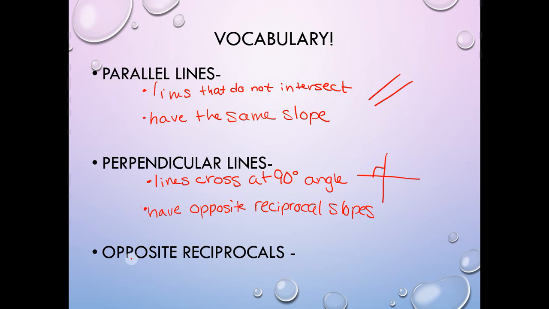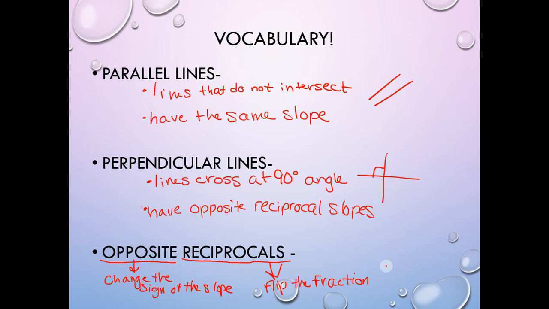Now, opposite. We know opposite to mean the other thing, right? So basically what opposite means is you're going to change the sign of the slope. If it's a positive slope, we're going to make it a negative slope. If it's a negative slope, we're going to make it a positive slope. Now, if you remember when we talked about reciprocals, we talked about that when we were dividing fractions. Reciprocal means you're going to flip the fraction around.